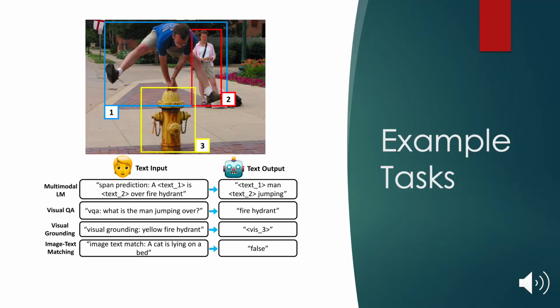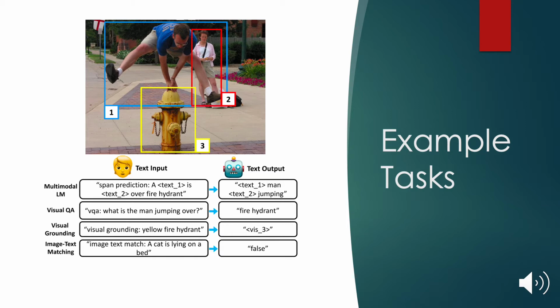So as an example of what we mean when we say tasks, when we're discussing vision and language problems, here we have this image, which is the vision part. Our model has identified 3 areas of interest, the blue box 1, the red box 2, and the yellow box 3.